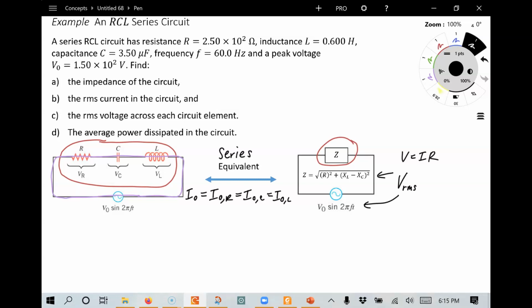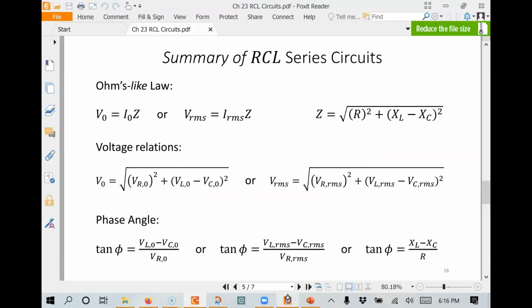This is the RMS value from the generator. And we can relate that to the RMS current in the circuit multiplied by the total effective resistance, the impedance Z. So to calculate the impedance, we have an equation there, or we can look it up over here on our note sheet, a summary of RCL series circuits.